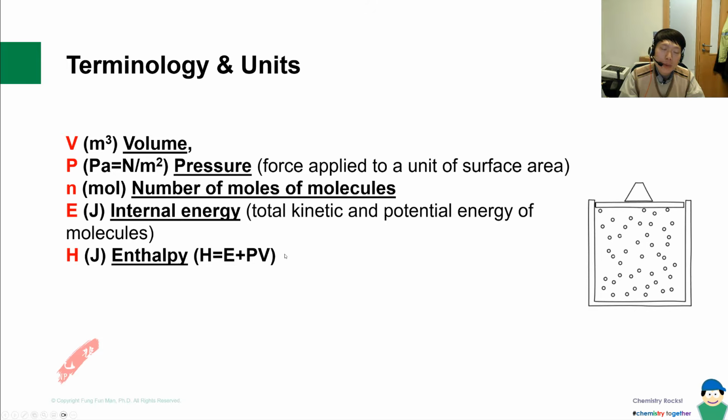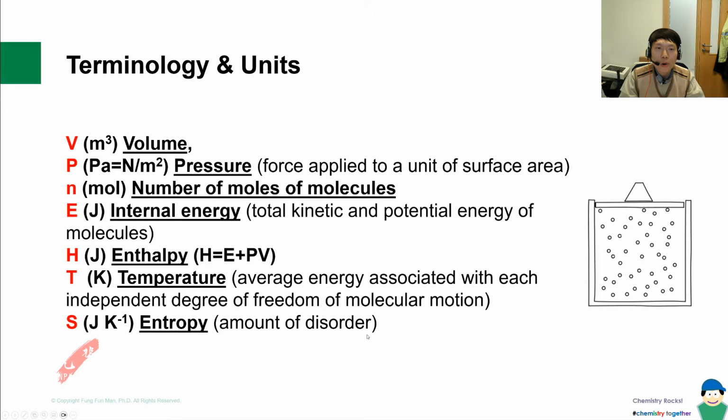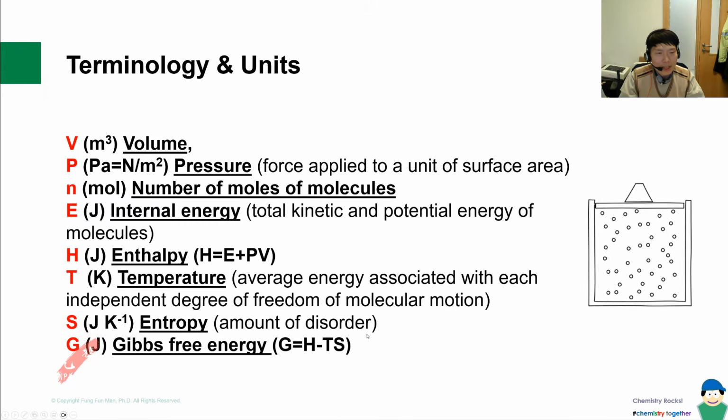Capital H is enthalpy in joules. Capital T is temperature in kelvin. S is entropy, the amount of disorder. G is Gibbs free energy, in joules. Notice that there are three quantities with joules as the unit. And you need to know the formula at the tip of your finger.